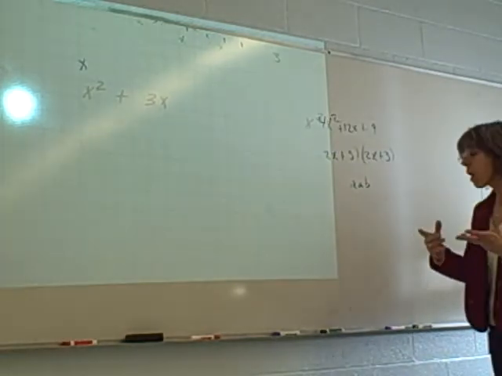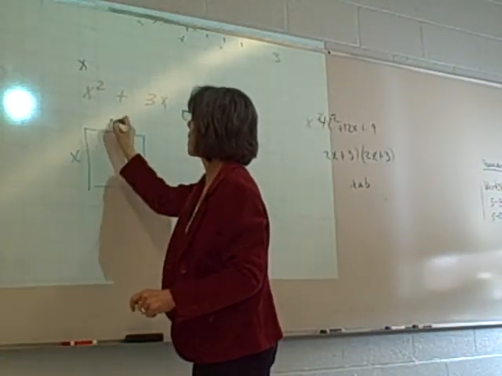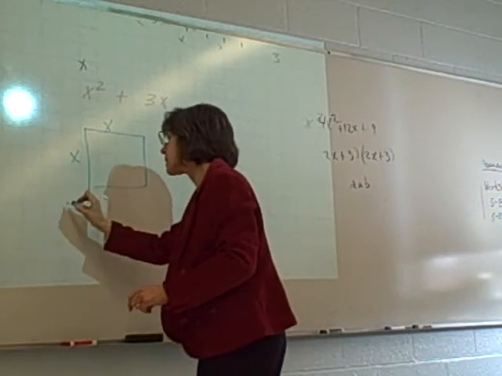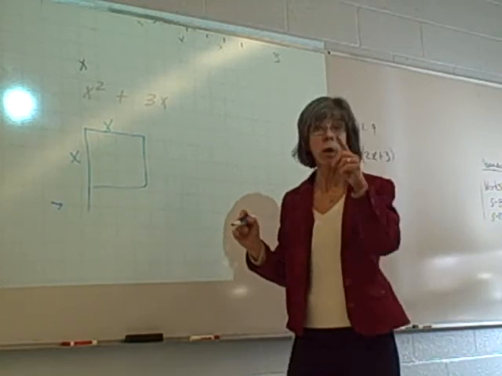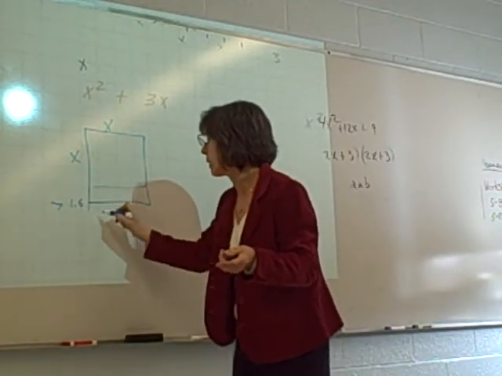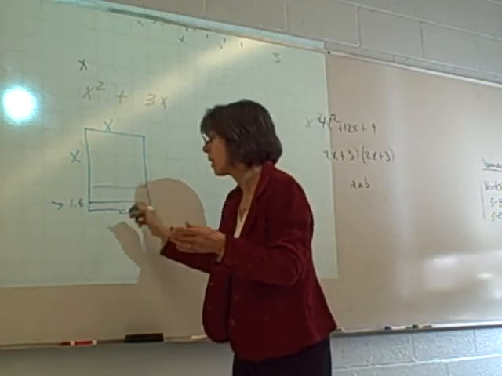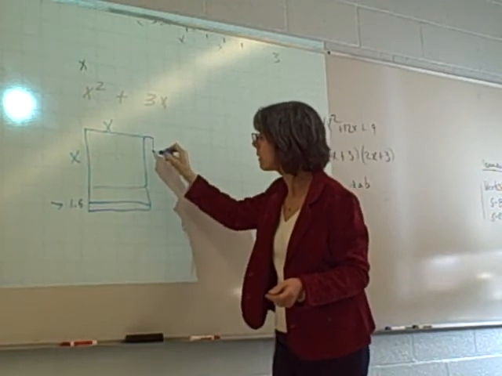So I could draw this, and I'm going to have x times x. Well, what is here? What did you just tell me? 1.5. So here's a 1, right? And here's a half of a 1. You don't have to draw it, you could just do the number if you don't want to. And what would be over here?